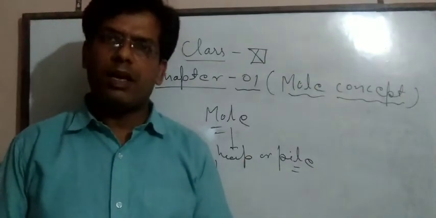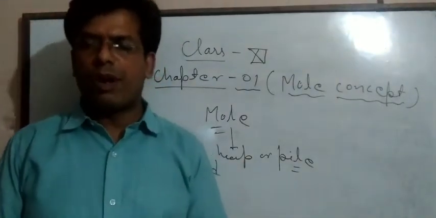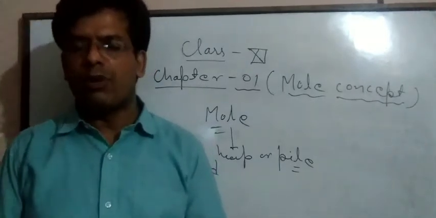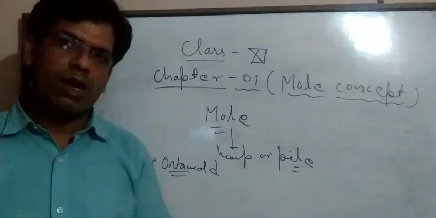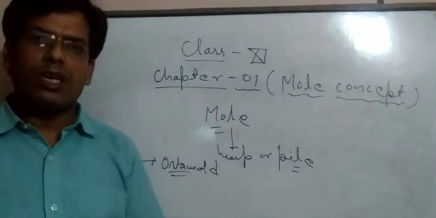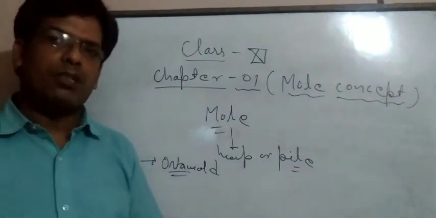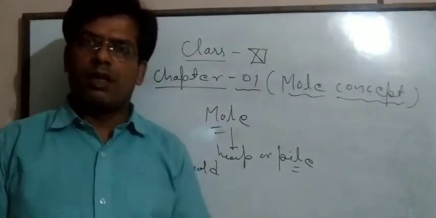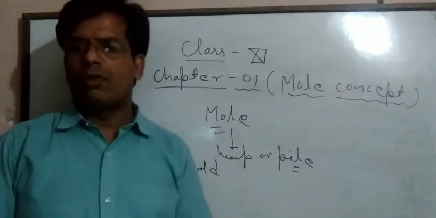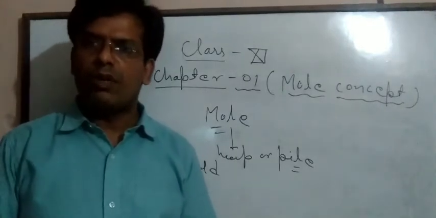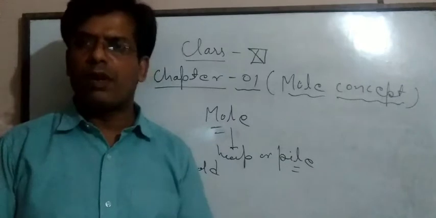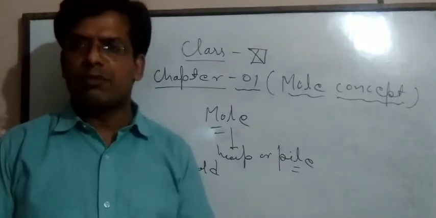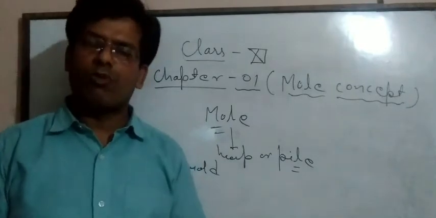In a similar way, for counting the number of ions, electrons, atoms, molecules, protons, neutrons, etc., chemists introduced a term known as the mole concept. This term was introduced for counting different types of chemical species like atoms, molecules, ions, electrons, protons, etc.